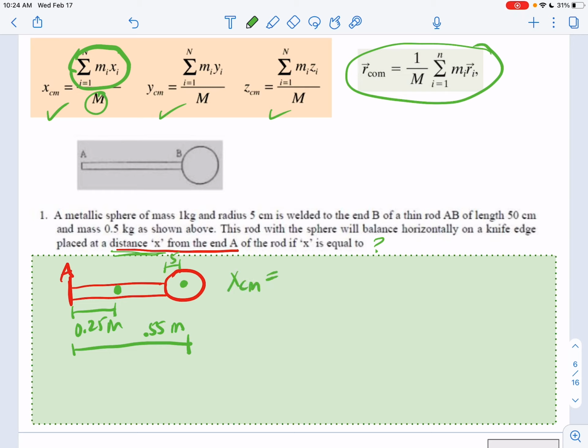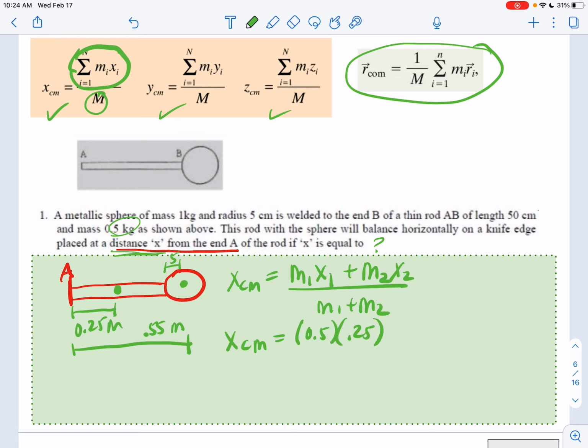If you want to find the center of mass, I'm just doing m1x1 plus m2x2 divided by their total mass. So I would do the mass of the rod, which was half a kilogram, times 0.25, or you could just leave it in centimeters.